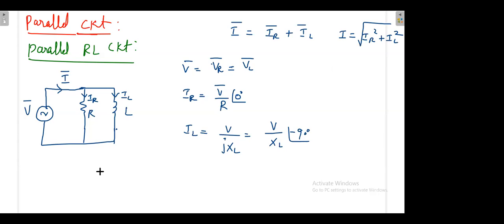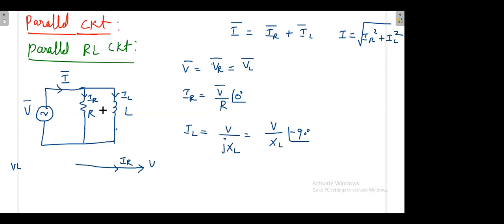Say for example, IR and V will be in phase, because whenever a resistor is there, the voltage across the resistance and the current through the resistance will be in phase. So I am taking IR here and V here. This V is the same as VR and VL. For the inductor, this is also the voltage, but what will happen when the inductor is there?